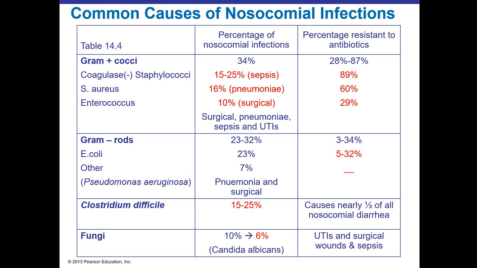When we look at the common causes of nosocomial infections and look at the percentage of resistance, we see some alarming trends. The gram-positive cocci can be anywhere from 28 to 87% antibiotic resistant. When we look specifically at the coagulase-negative staphylococci, things like the Staph epi, they can get into a surgical site infection and cause sepsis.